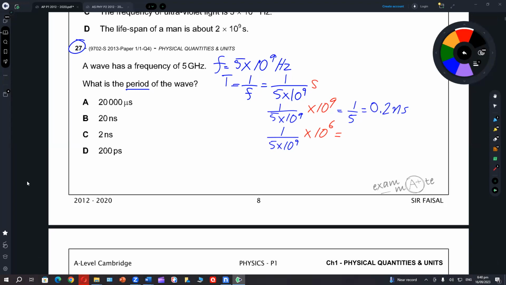This is calculator work. So similarly, try to convert it into pico.